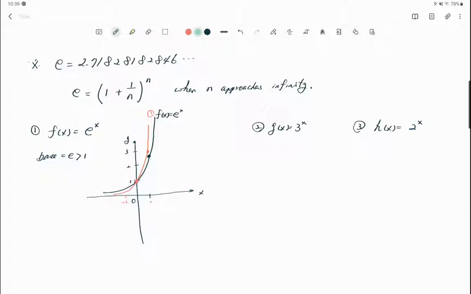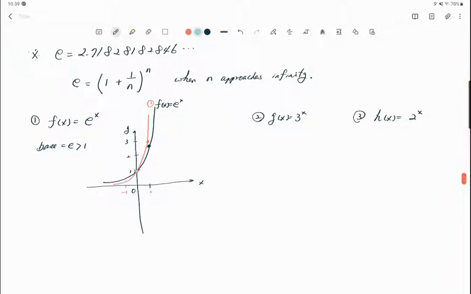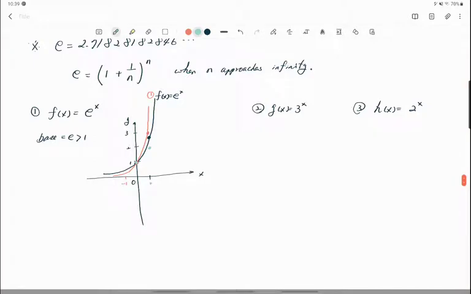If x equals 0, then y is 1. It's the same. If x equals 1, then y equals 2. If x is negative 1, then there will be half, like this.